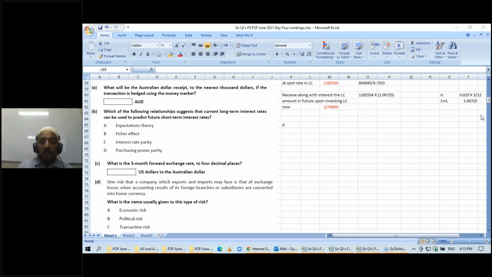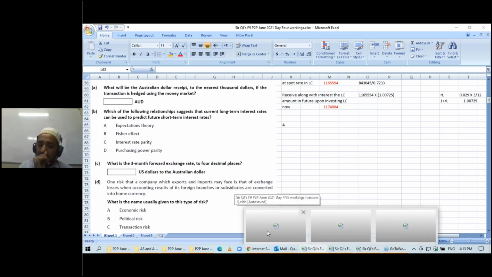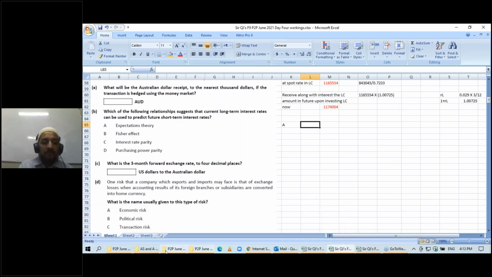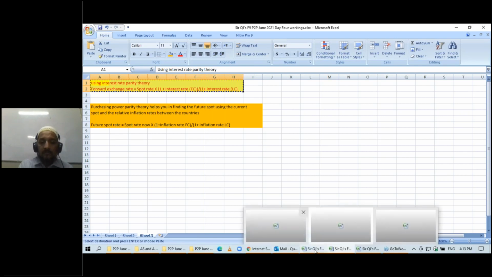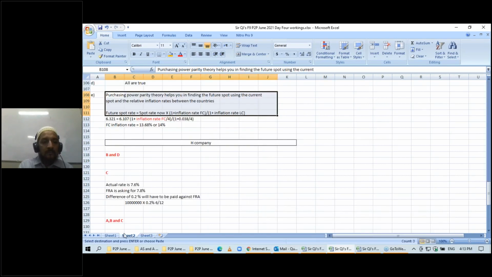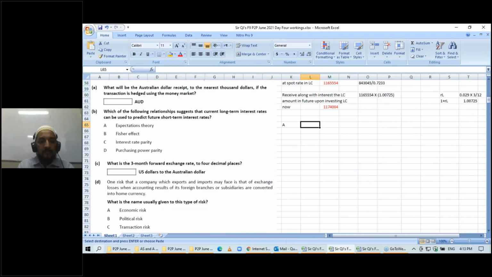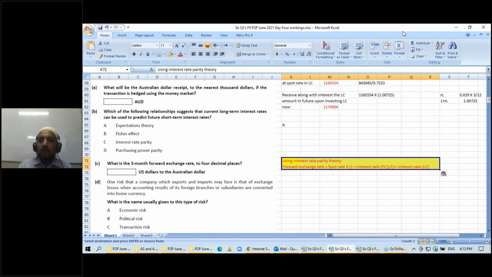So we have to calculate a forward rate over here, and the forward rate can be calculated using the interest rate parity theorem. There is an interest rate parity theory formula which we can use to calculate the forward rate. Let me share the formula with you. So that's the formula on your screen for the interest rate parity theorem.